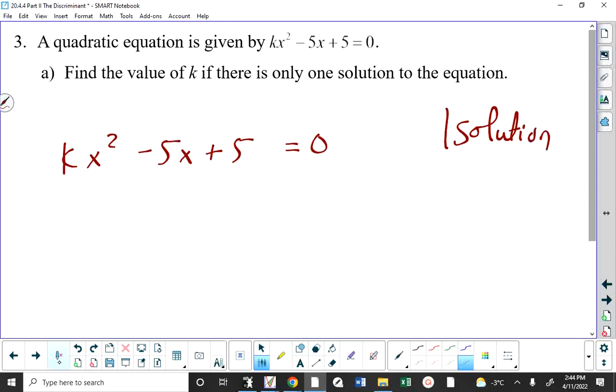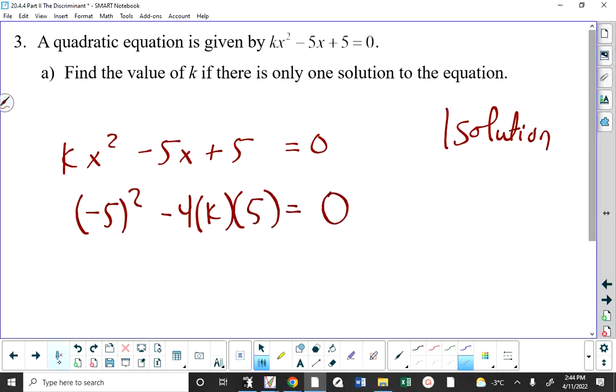It really is. B squared minus 4ac has to give you 0. Why 0? Does it have to give me 0 because there's a 0 up here in the equation? No. It has to give me 0 because there's one solution.